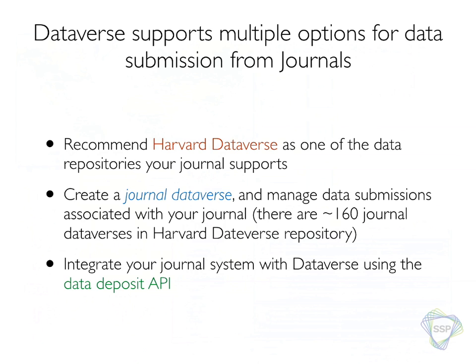They also make sure there is a link from the article to the data set in the repository, and from the data set back to the article as the associated publication. Just to clarify, Harvard Dataverse has about 70,000 data sets.